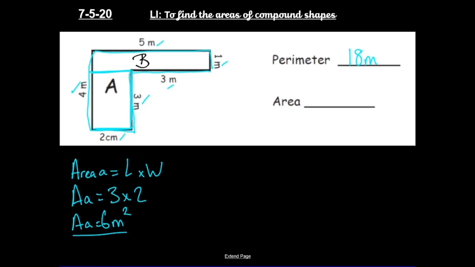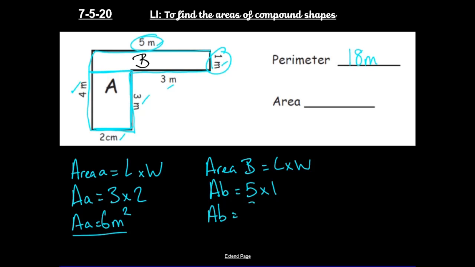I've now got to work out the area of B. Again, it's a rectangle, so I can go straight into length times width. The area of B is equal to 5 times 1, which is 5 meters squared.